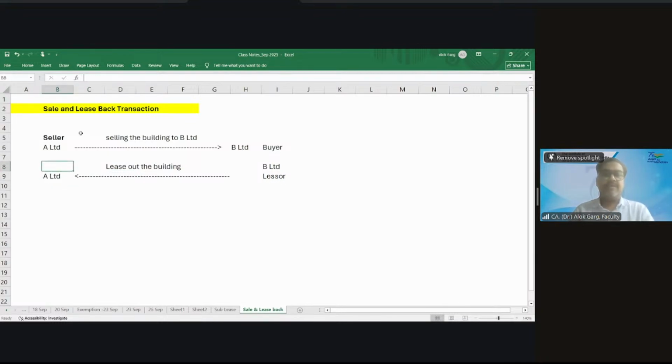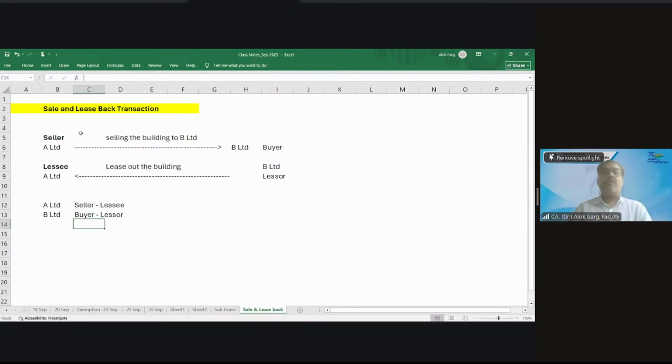So this A Limited will become a lessee. So this is the sale and leaseback transaction. In this transaction, A Limited will become a seller, lessee. This B Limited will become a buyer, lessor.